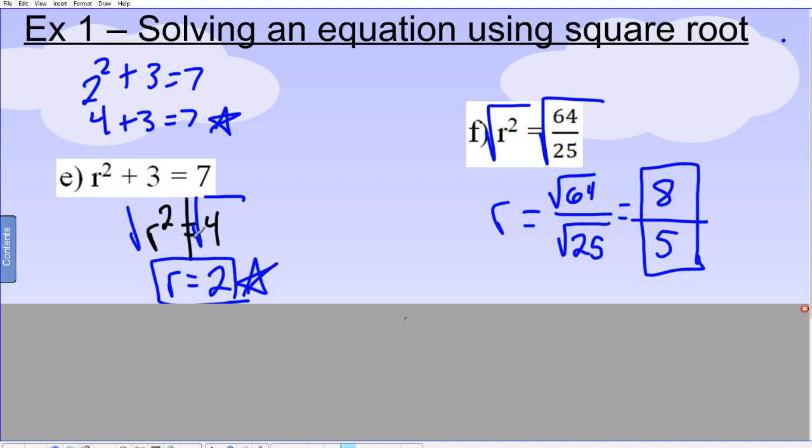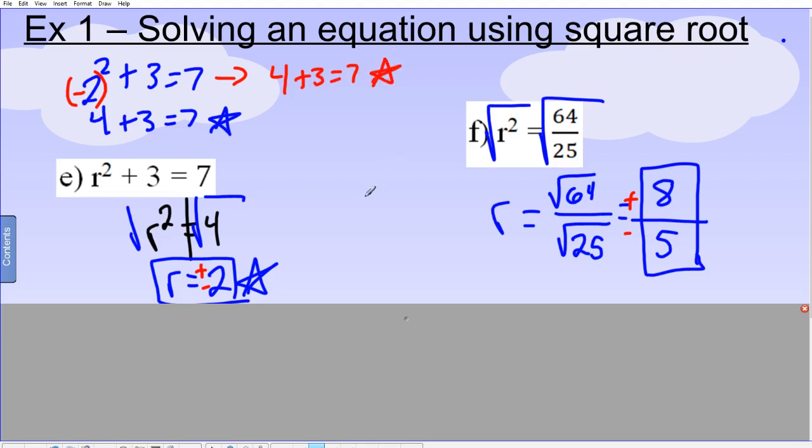Reminder though, when you take the square root of something, you do get both a positive and a negative answer. This is both positive 8/5 and negative 8/5. And the reason why, it'll be easier to see in this example. If I would throw a negative 2 in here, this actually still works out, because negative 2 squared, negative 2 times negative 2, is positive 4, plus 3 equals 7.